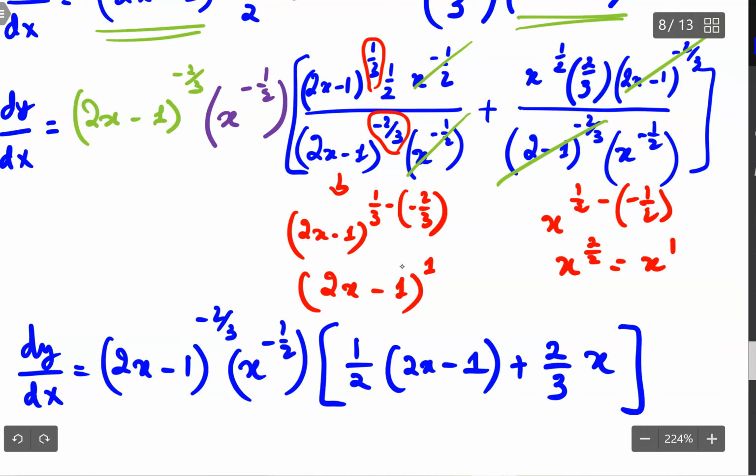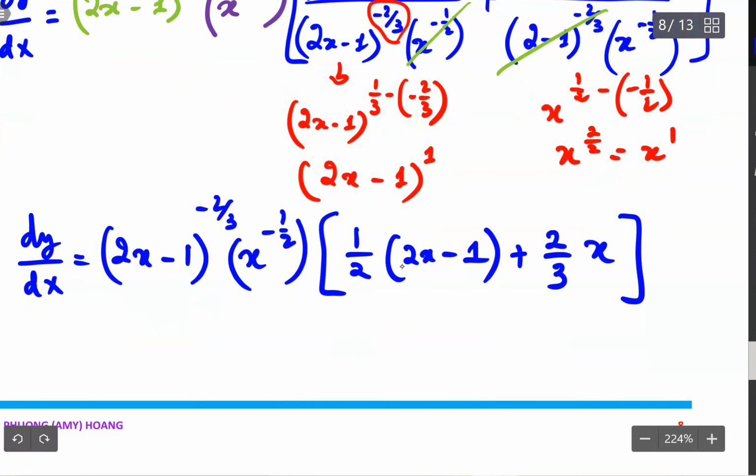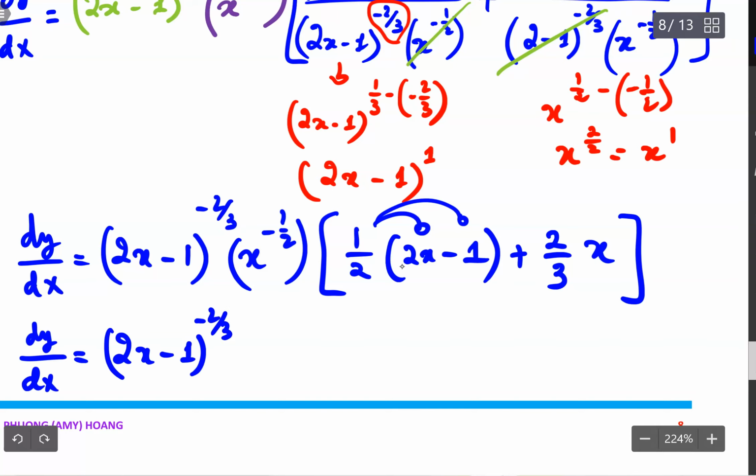Okay, very good. What you do next is expand. You distribute the term inside the bracket and just leave your negative exponent here for now, and then we will worry about turning that into a positive exponent in a minute.